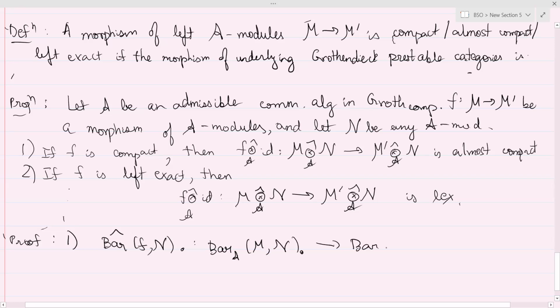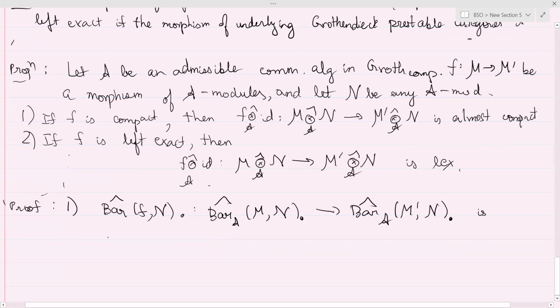It's a level-wise almost compact morphism whose transition maps, which in this case are face maps, are also almost compact.